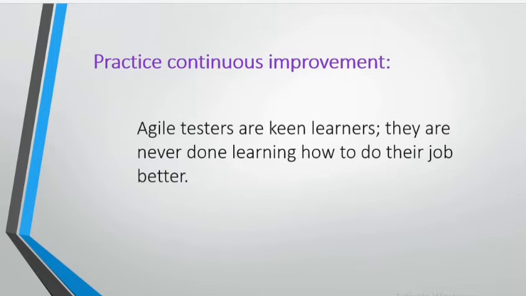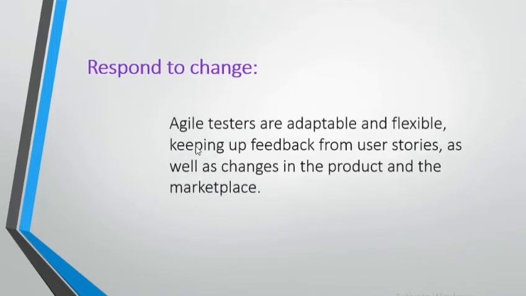The next principle is respond to change. Agile testers are adaptable and flexible, keeping up with feedback from the user stories as well as change in the product and the marketplace. We have to change when the customer gives feedback. So this is respond to change.